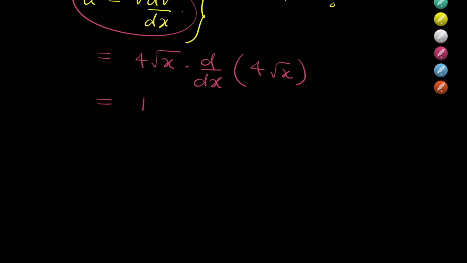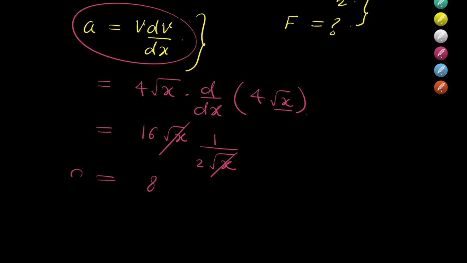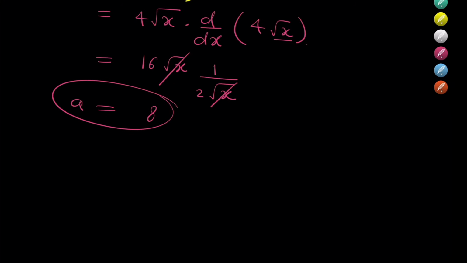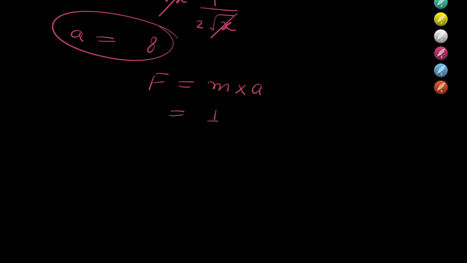So 4 will come outside, it will become 16 root x. Differentiation of root x is 1 by 2 root x. So root x cancels, 8. We got the acceleration 8. Mass is given half kg. So force will be mass times acceleration. Mass half times 8. So what is the value of force? 4 Newton force will act on this particle.